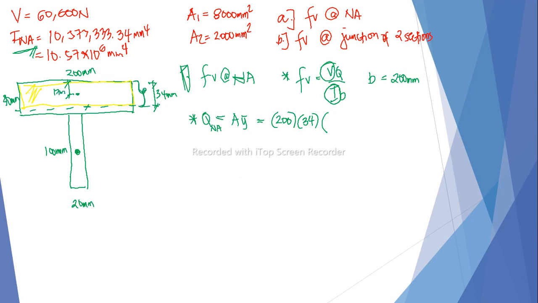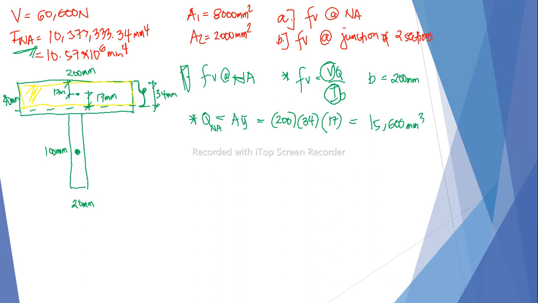The height is 34, and the distance to the neutral axis is also 17 millimeters. So Y bar is 17 millimeters. So the moment area Q at the neutral axis is equal to 115,600 millimeters cubed. Remember the units, that is millimeters.